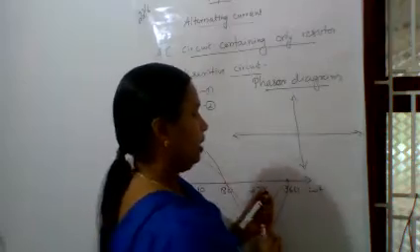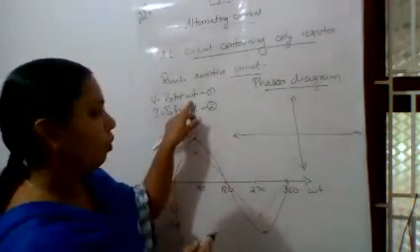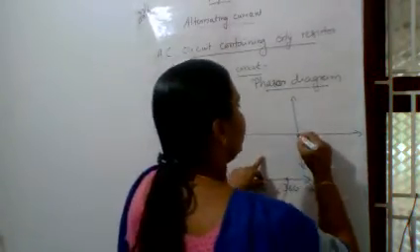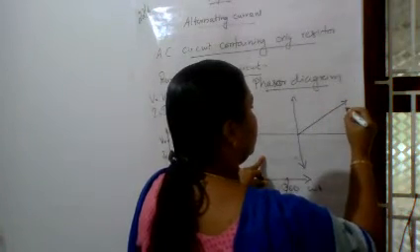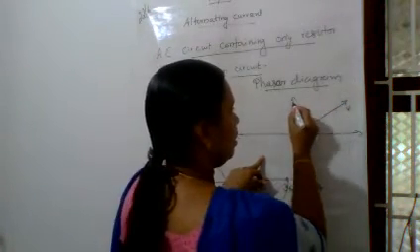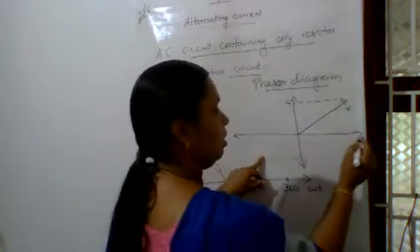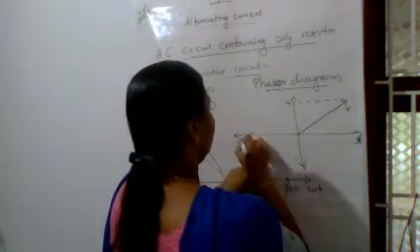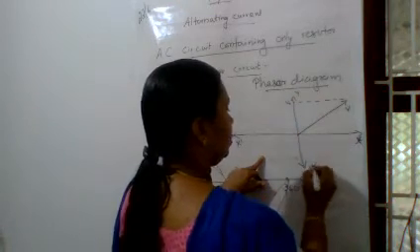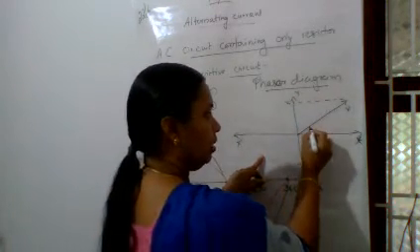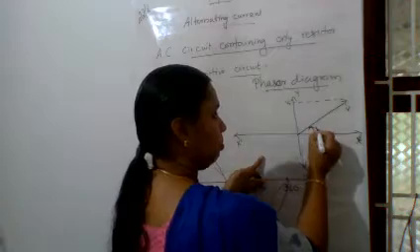Both are rotating with the angular velocity omega. We can represent the voltage V, and this is the maximum value V0, with the x-axis, x dash, y dash. It is rotating with angular velocity omega.